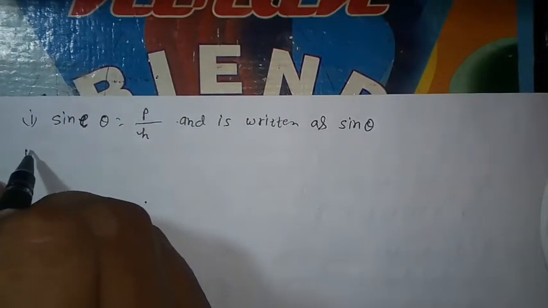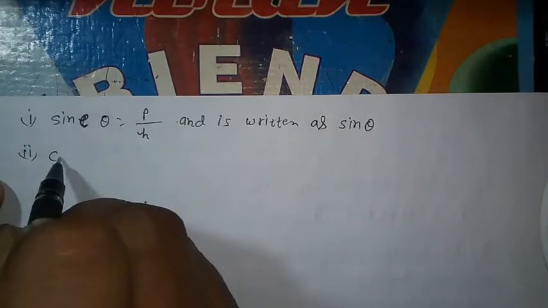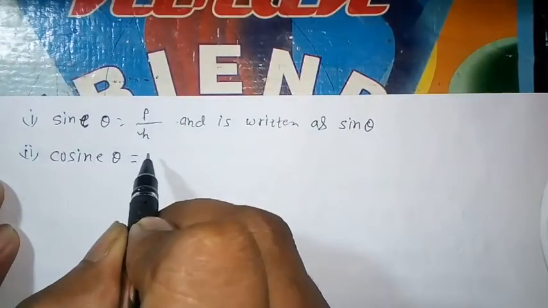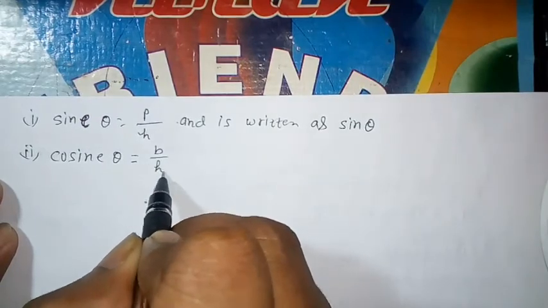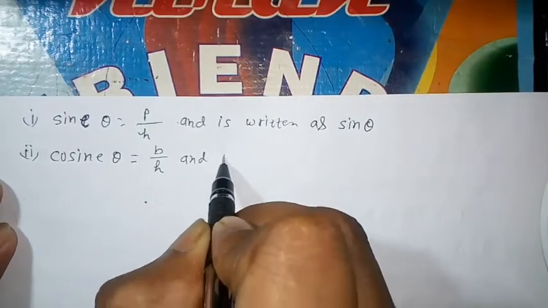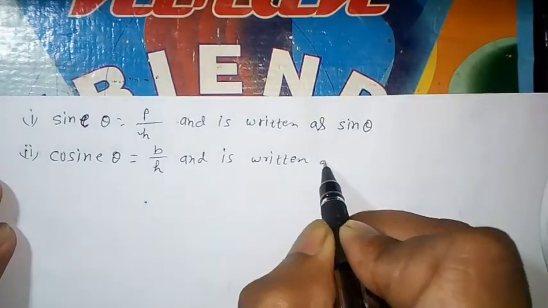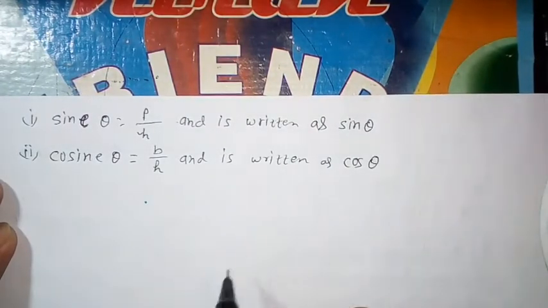Second, cosine theta is equal to b by h, and is written as cos theta.